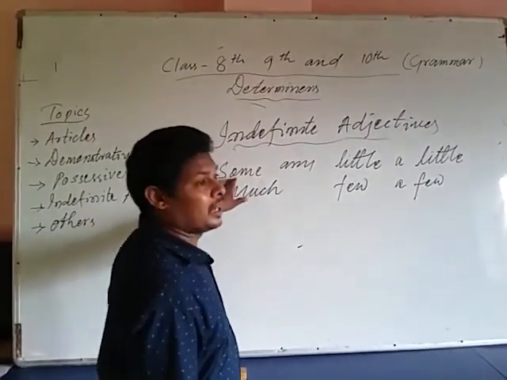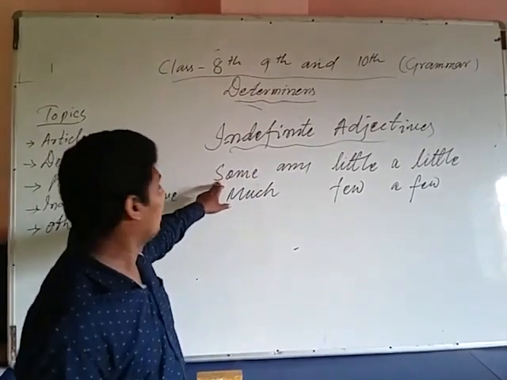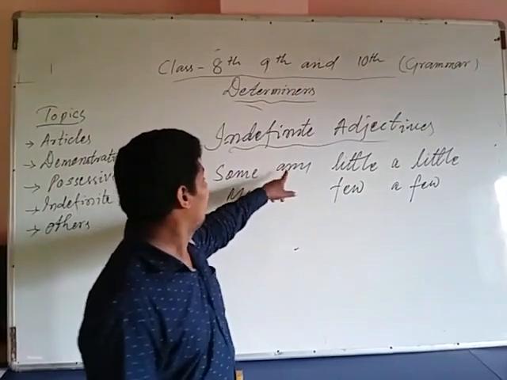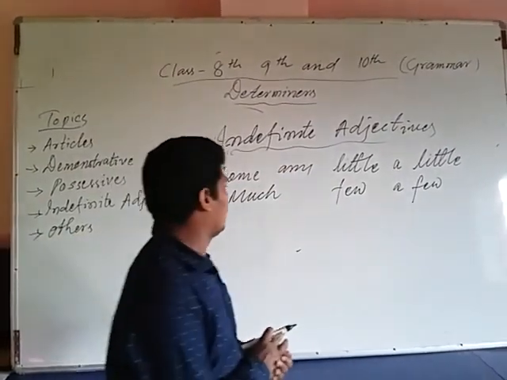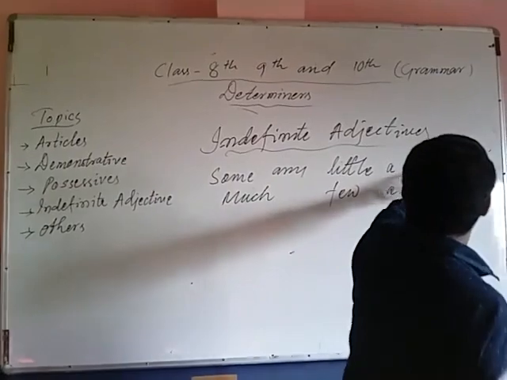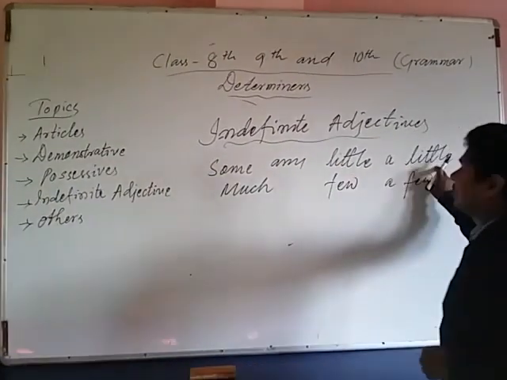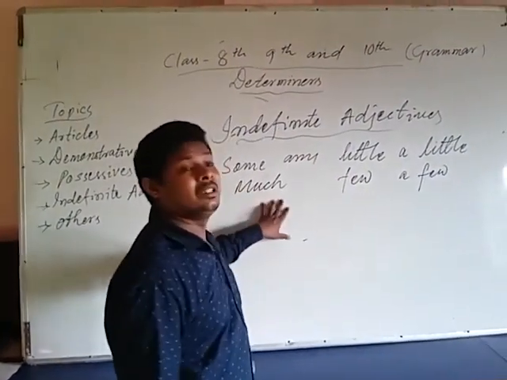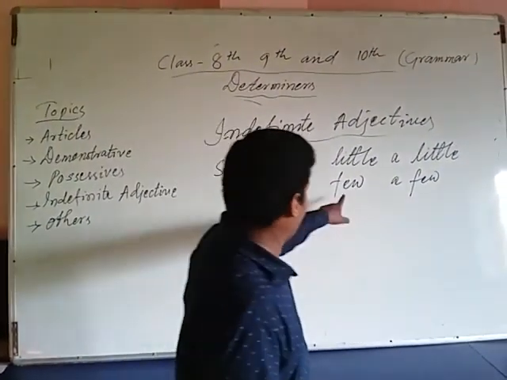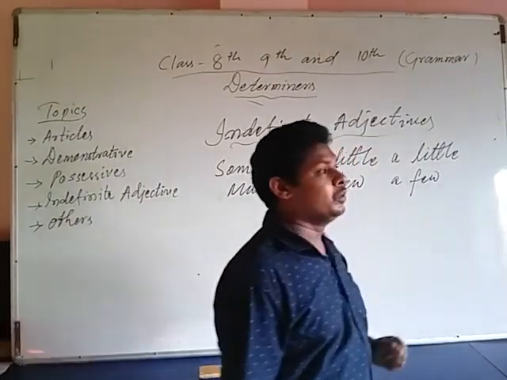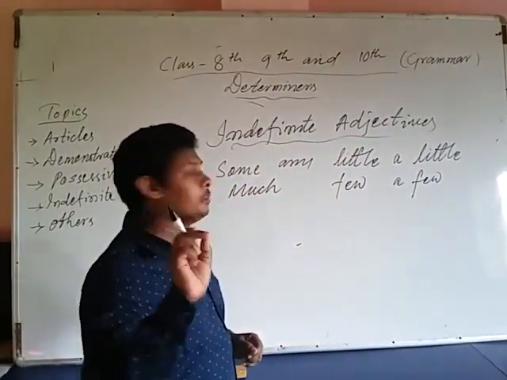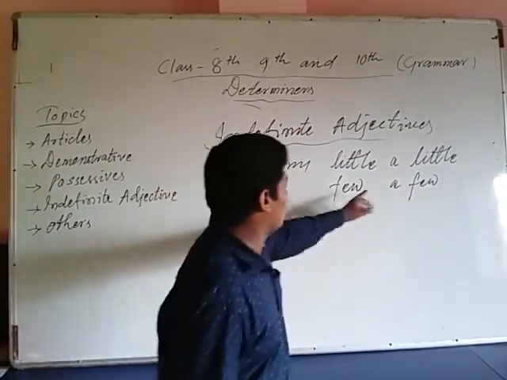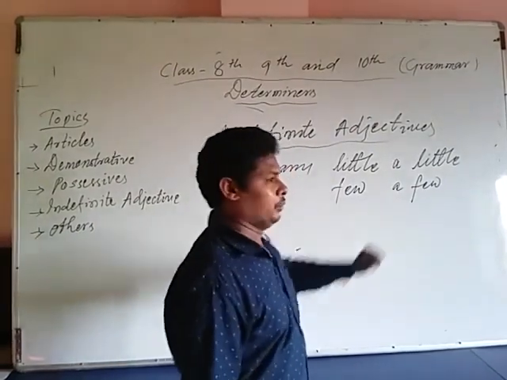Some can be used with countable and uncountable nouns, and any also can be used with countable and uncountable nouns. Little and a little are used with uncountable nouns, and much is also used with uncountable nouns. And few, a few can be used with countable nouns. Please remember this.